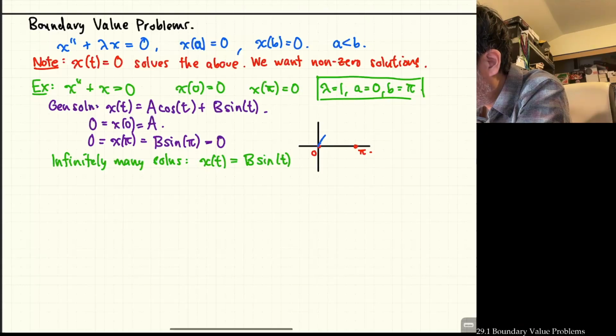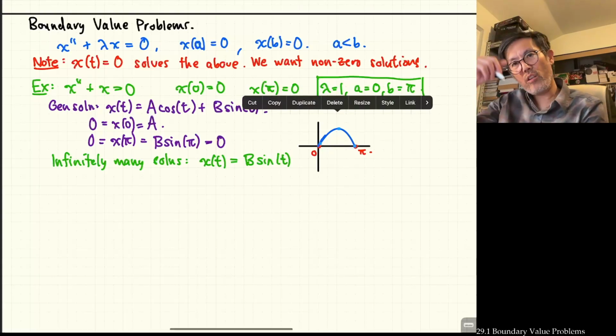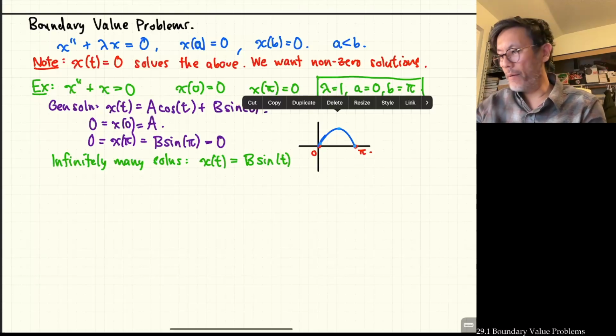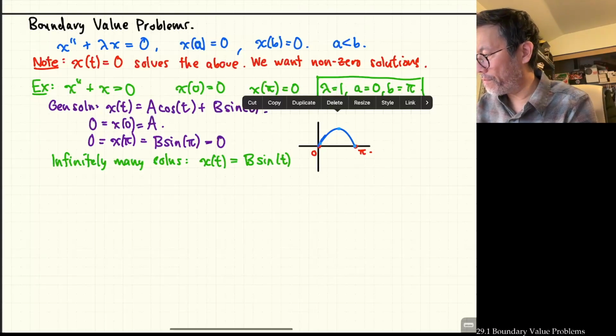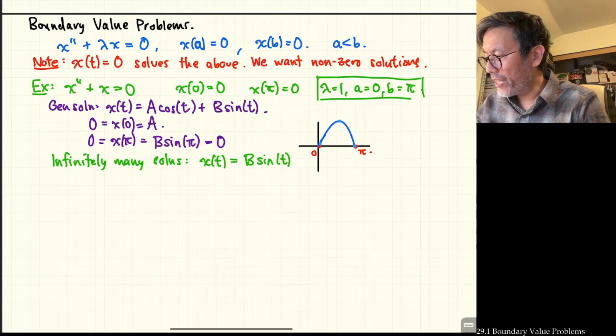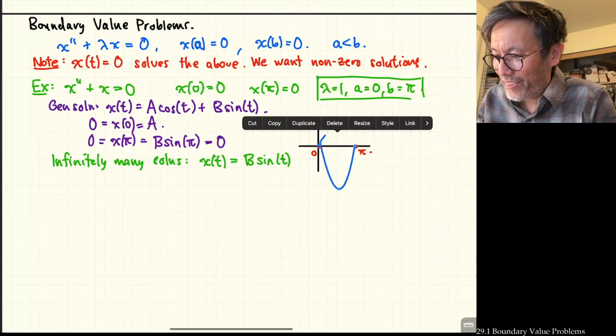And I can change the amplitude of this sine wave by adjusting the value of b. No matter how I adjust b, just ignore that little vestigial tail.